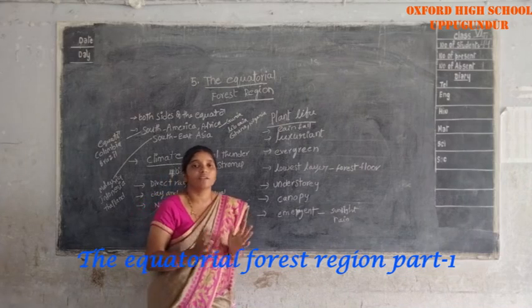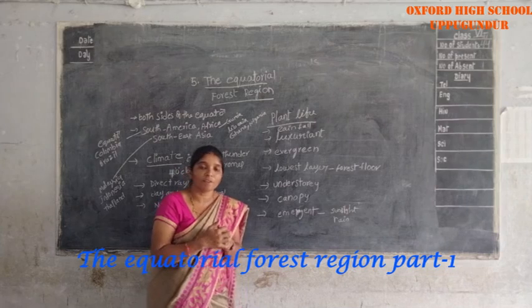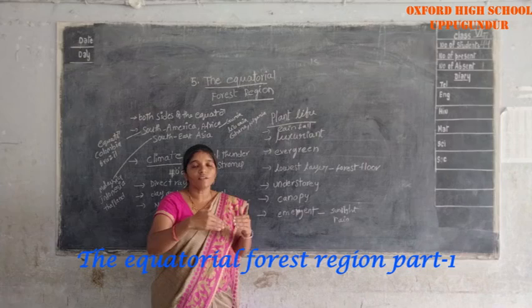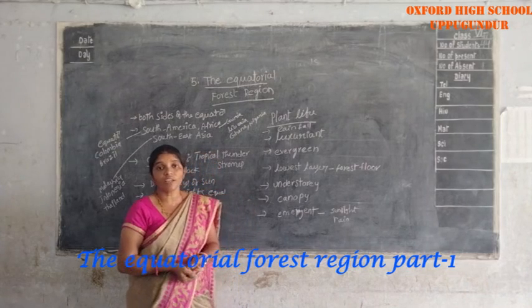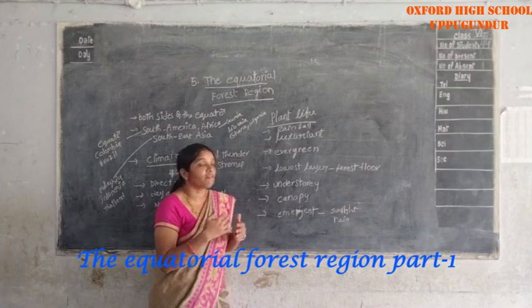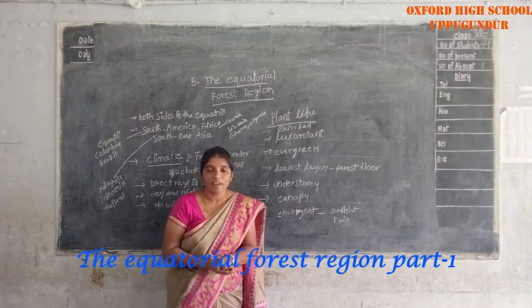Very tall and big. Those trees receive heavy sunlight and rainfall. The bottom layers do not receive much sunlight or rainfall. The upper layer, the emergent layer, plants receive the sunlight and rainfall.